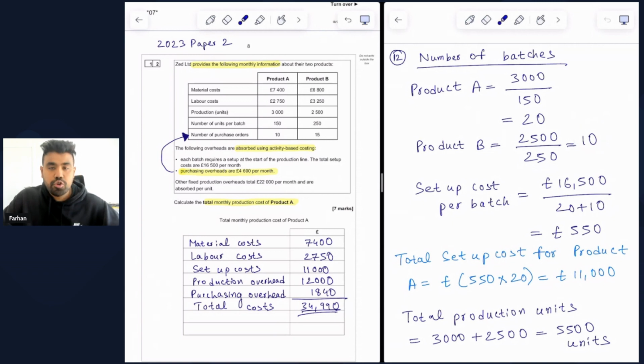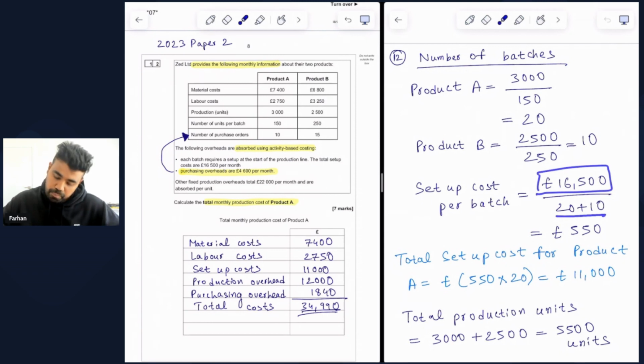So what we have to do now is find the total setup cost per batch. We know, based on the information given in the question, the total setup costs are £16,500 per month. So if I want to find the setup cost per batch, I take the total setup costs of £16,500 and divide it by the number of batches, which are 20 plus 10, or 30 batches.